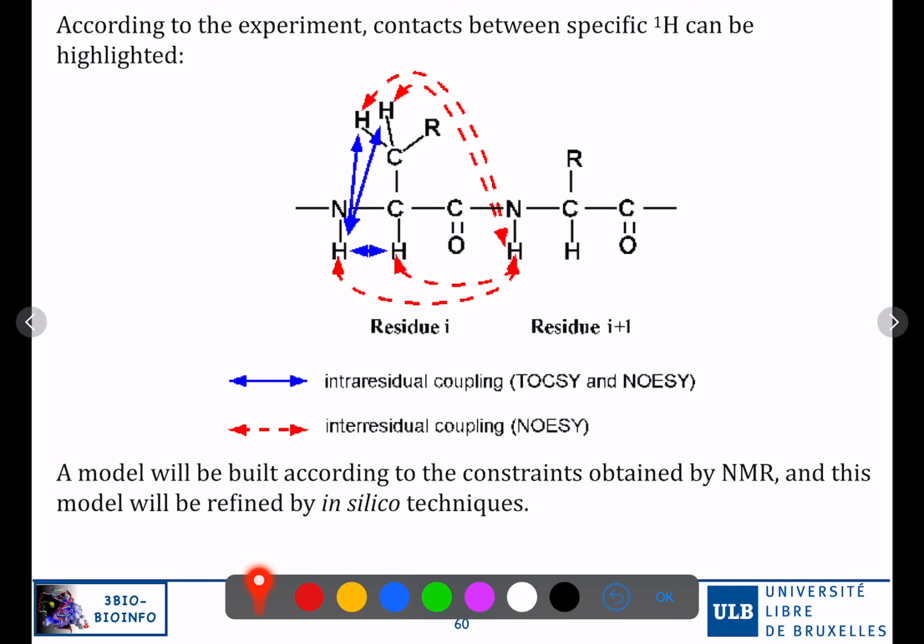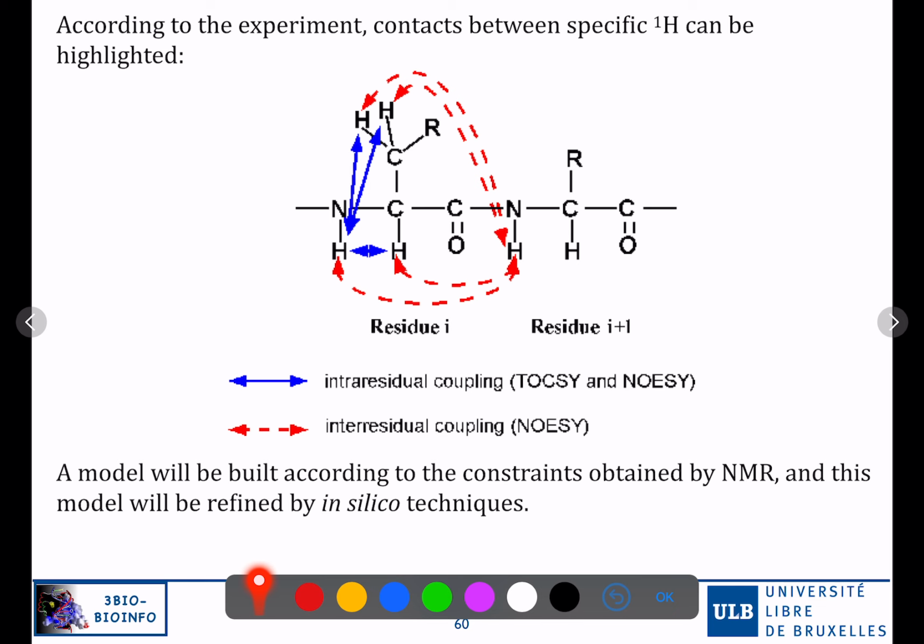Typically, the N-terminal and the C-terminal regions are in general more flexible. You have also the loops that connect the secondary structure. They are also a little bit more flexible. And if you have more flexible regions in this protein in solution, of course, for these regions you will obtain a lower number of distance constraints.